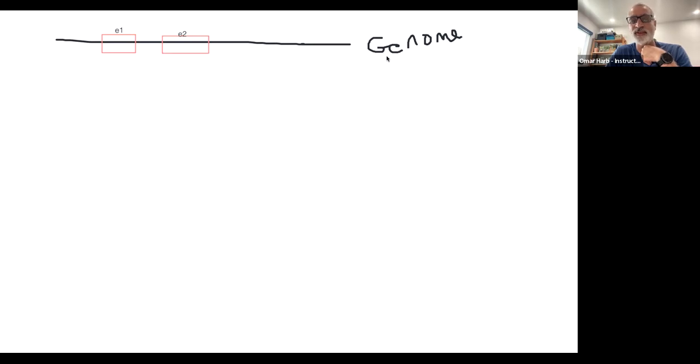So when this gets transcribed into RNA, your exons are going to be transcribed into something that will ultimately be spliced together. This particular gene will be transcribed into something that looks like this. So we have exon 1 here and exon 2 here. And then when you do an RNA sequence experiment, you're actually sequencing this, right?